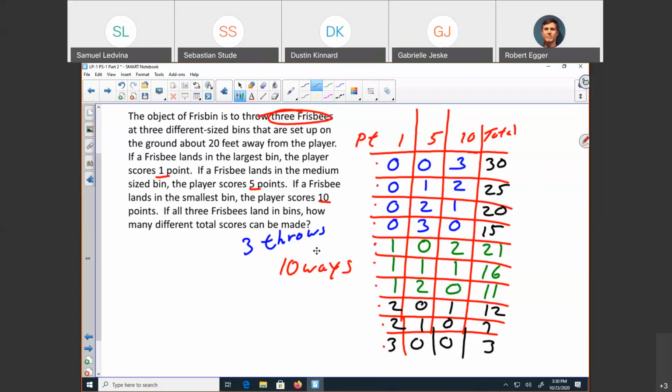And if you get two numbers the same, that's not a different score. The answer is not how many different ways, it's how many scores can be made. You always got to check for duplicates.